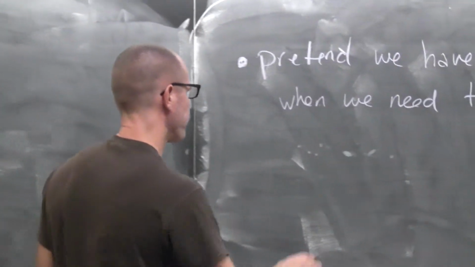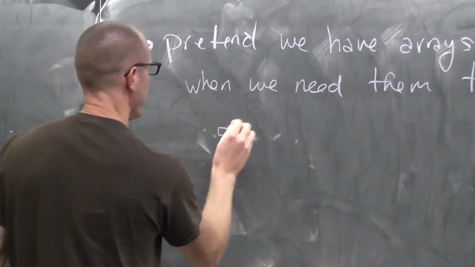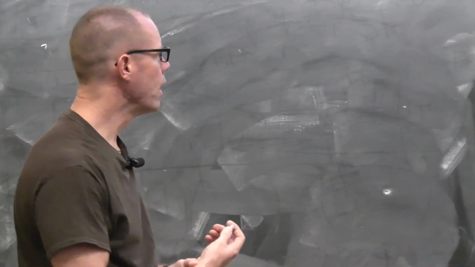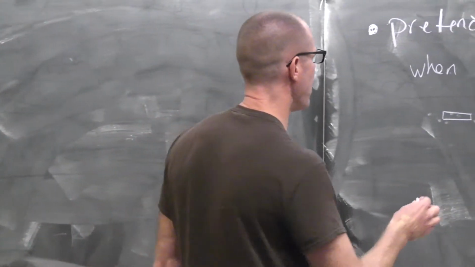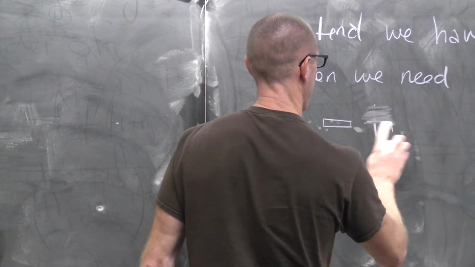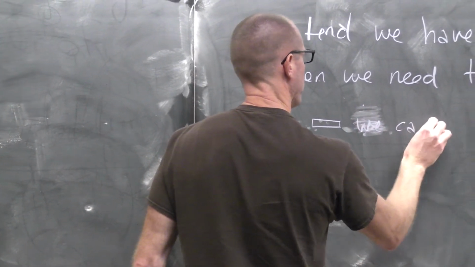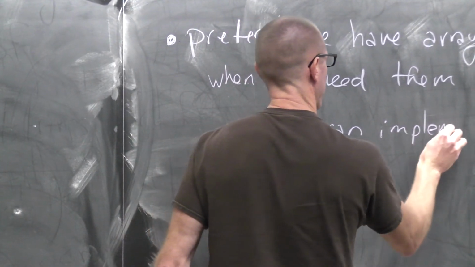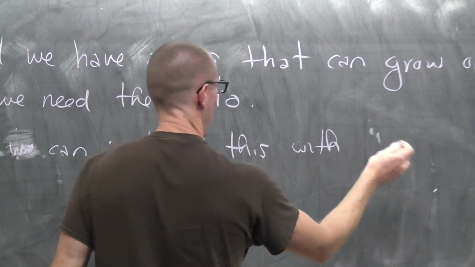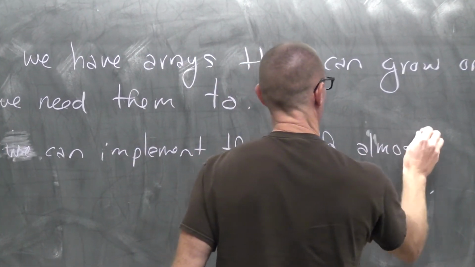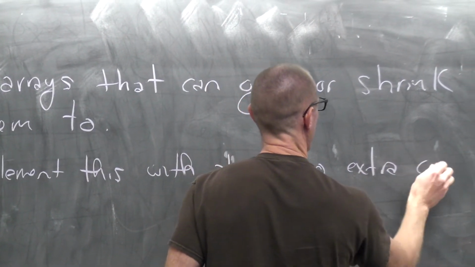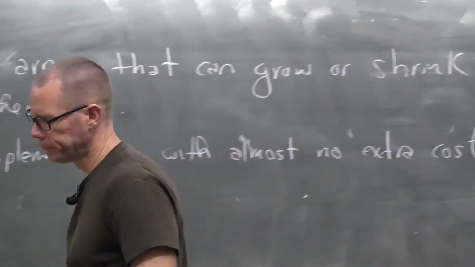And after we used that, ignoring the fact that we had no idea how to do it efficiently until that point, what we learned is that we can actually implement this with, let's say, almost no extra cost in terms of running time.